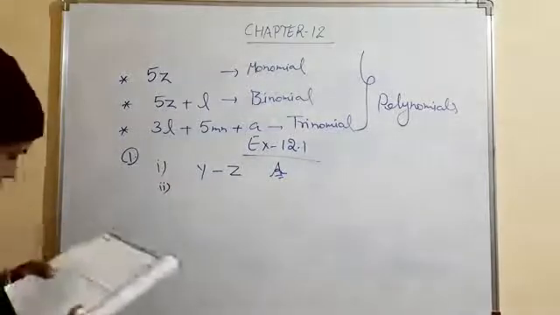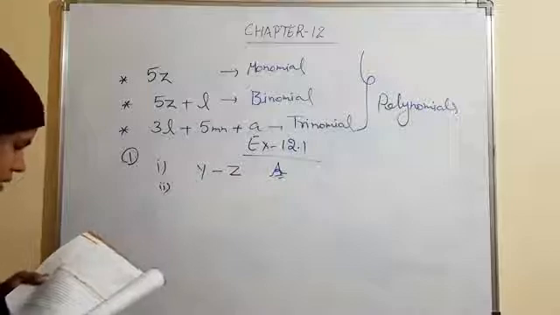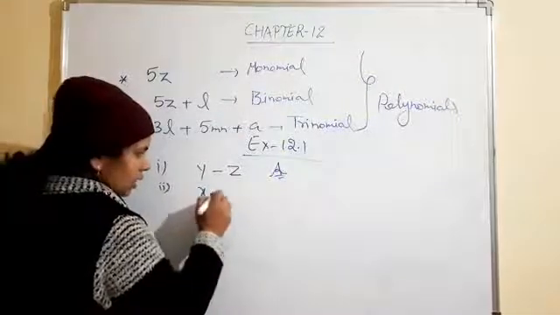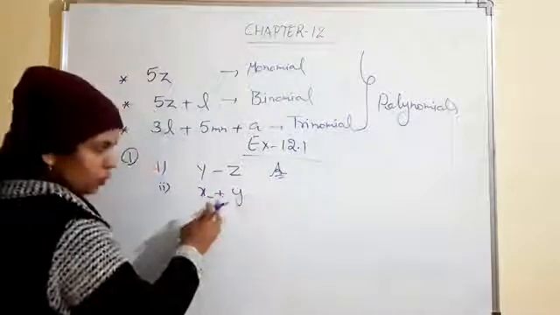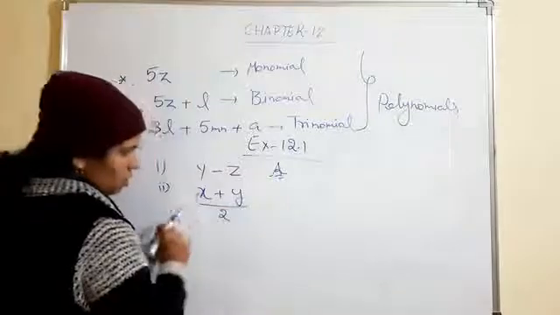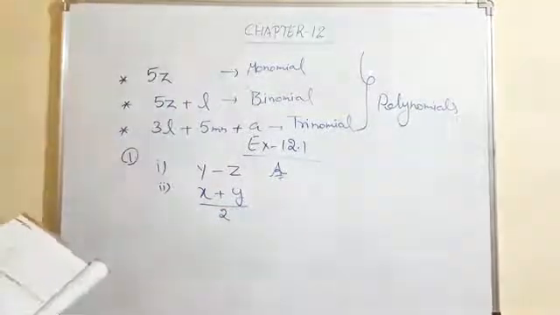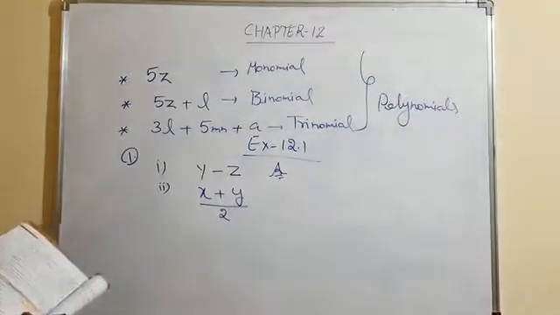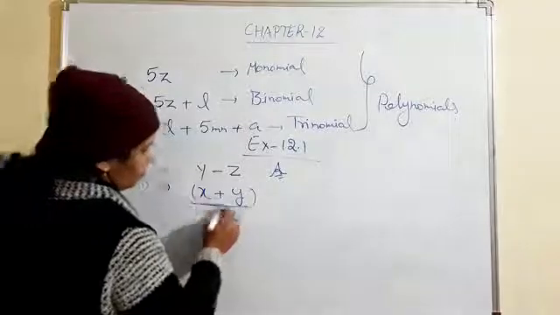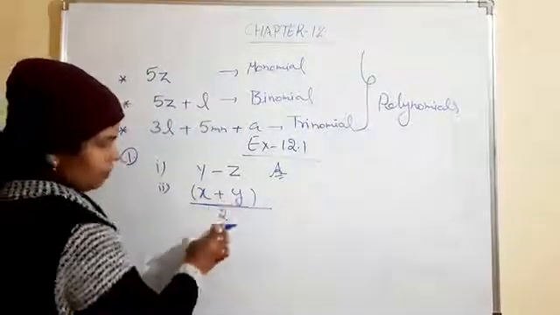Take one more. The second statement is 1/2 of the sum of the numbers x and y. Okay, for the sum of the numbers x and y, put a plus sign between x and y, and now take half of that. So here we are dividing the sum of x and y by 2.